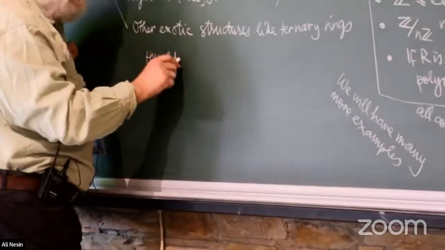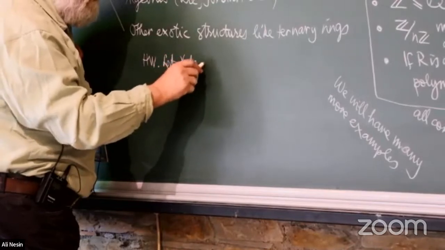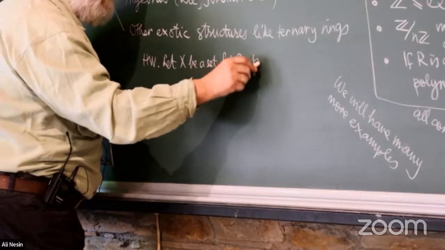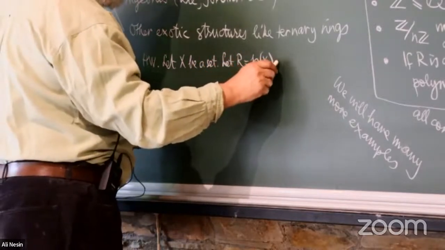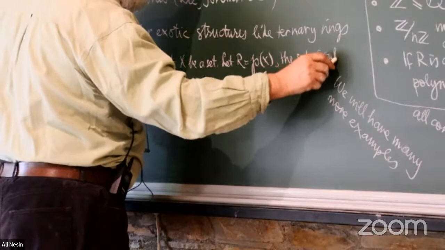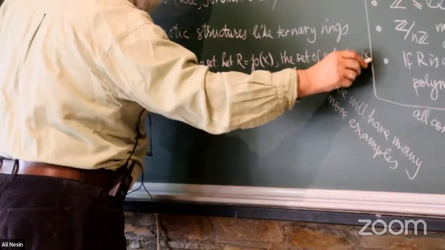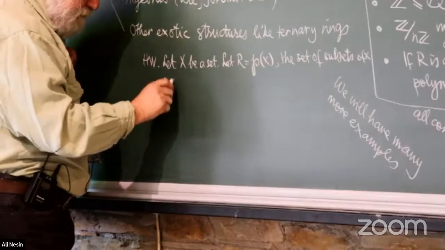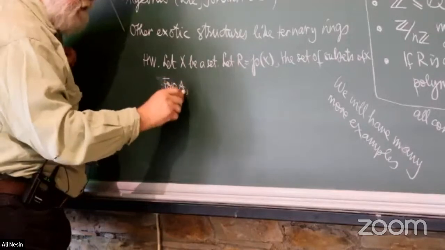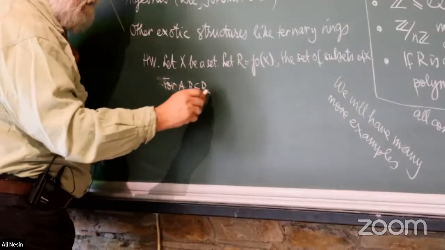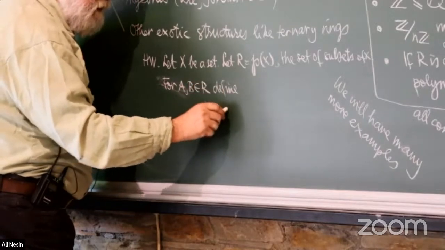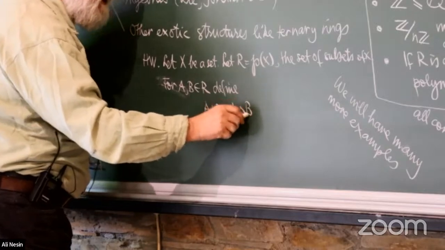Let X be a set. Let R be P of X, the set of subsets of X. Define addition for A and B in R. Define addition A plus B, normally denoted by A delta B. This means the symmetric difference.